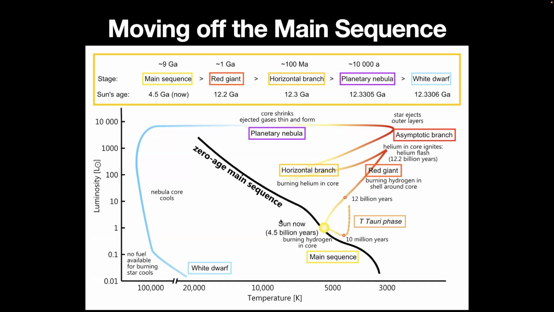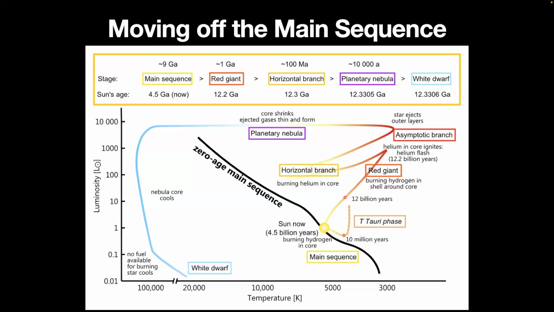At this point, the core temperature is about 15 million Kelvin, which is hot enough for hydrogen fusion, but not for helium fusion. As you go outward from the center of the star, the temperatures just decrease. They just get cooler, so it's not hot enough for really even hydrogen to fuse. Suddenly there's no source of energy to keep the star propped up against gravity, and gravity starts to win.